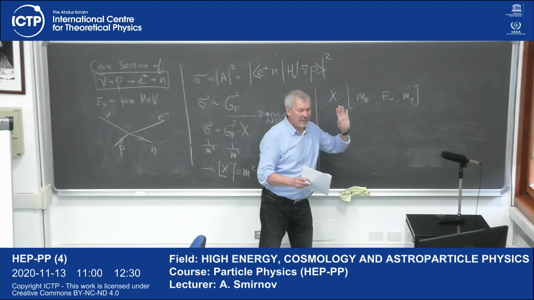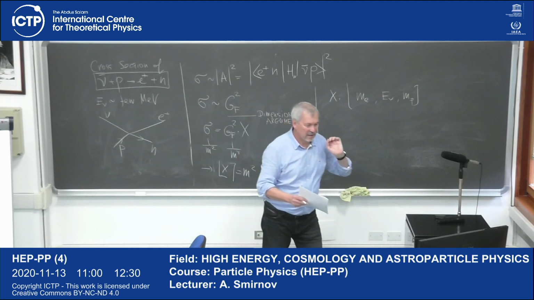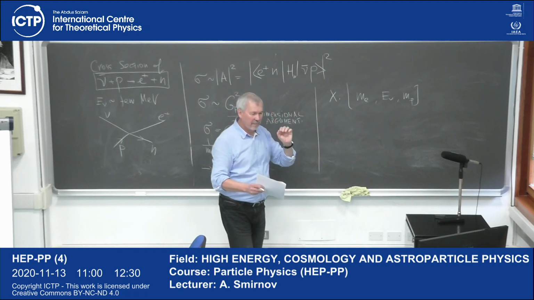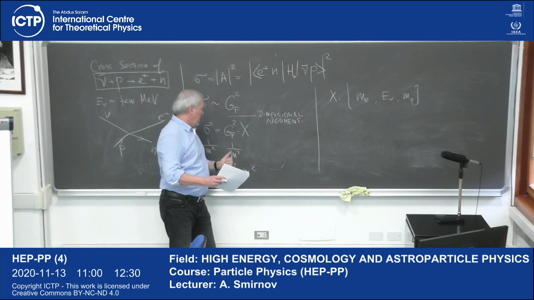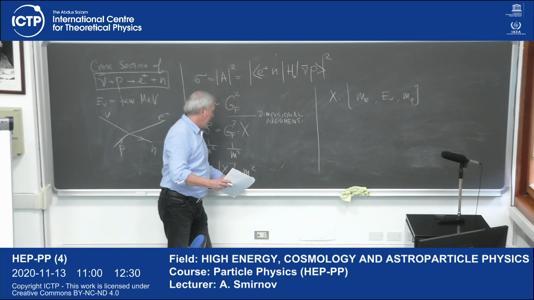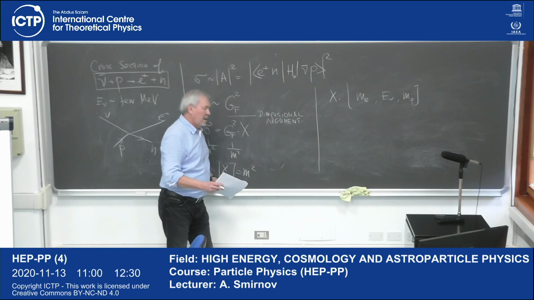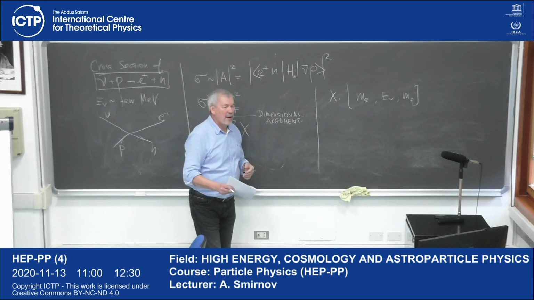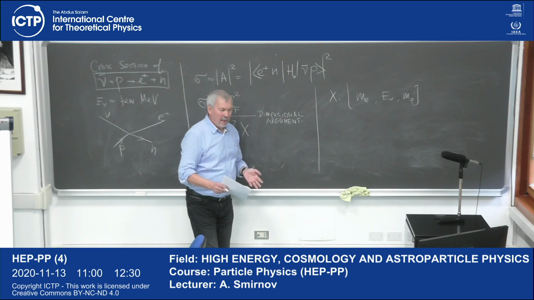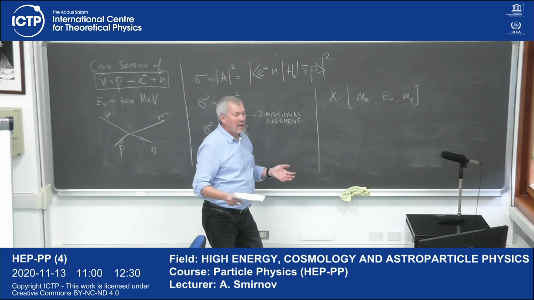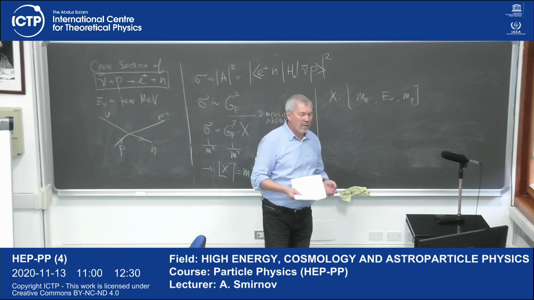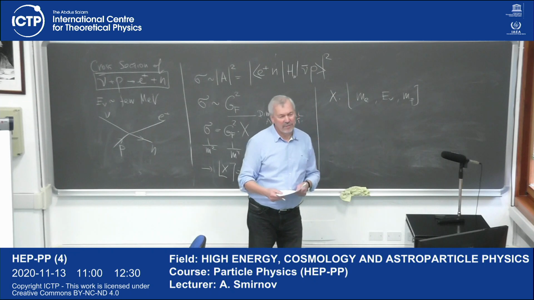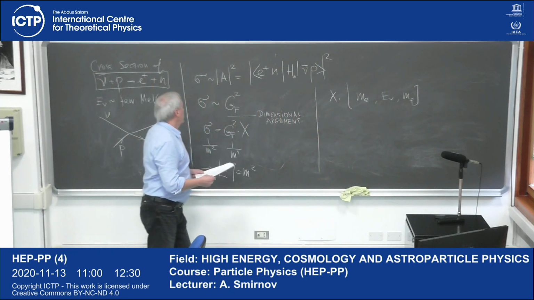Well, stop me if you need to have some explanation. So the logic is the following. First, I have obtained that the dimension of x should be mass squared or energy squared. Then I'm seeing what are the quantities of the dimension of energy in this problem.